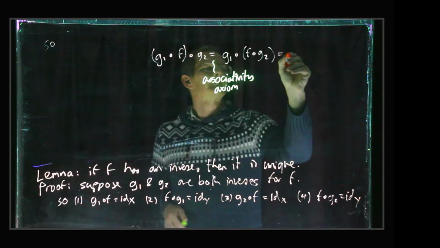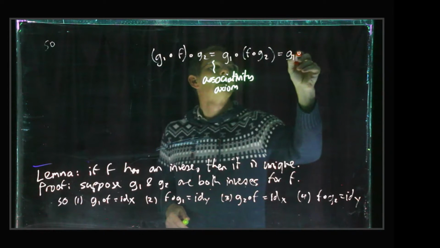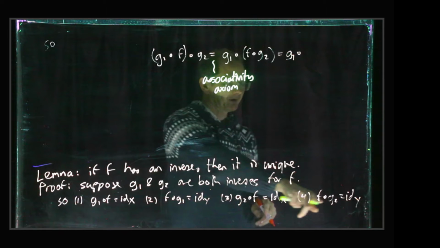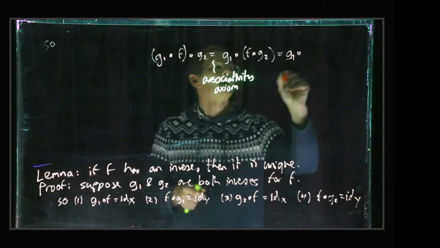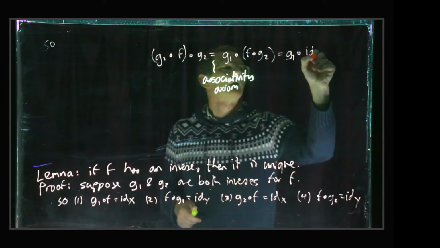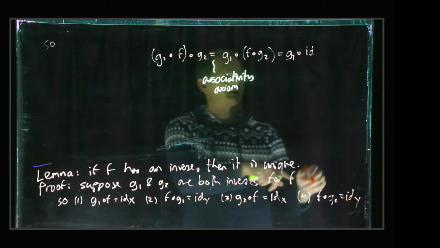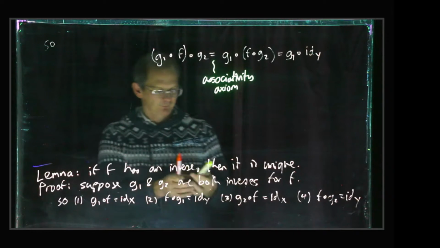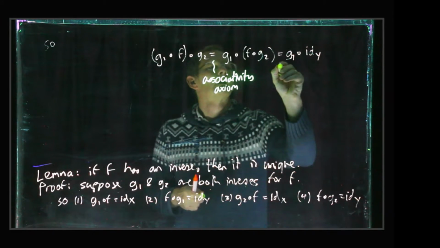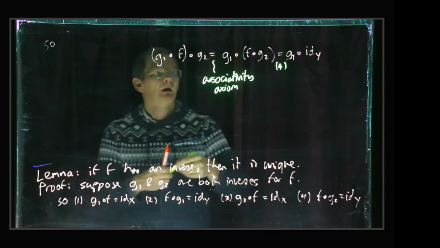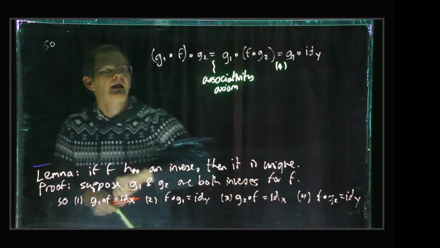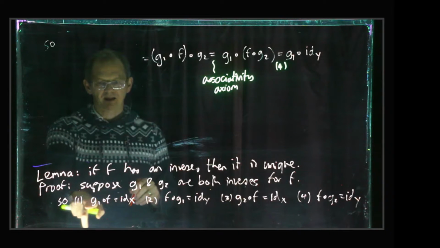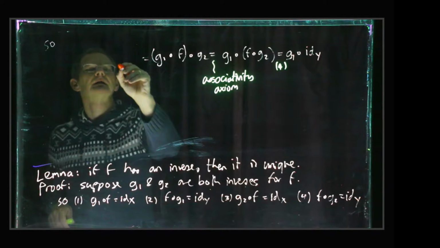And then on this one here, we've got G1 F composed with G2, by this property 4 here, is going to be G1 composed with the identity on Y. So this was equation 4. Or going over to the left here, we've got G1 composed with F, but G1 composed with F by equation 1 is the identity.